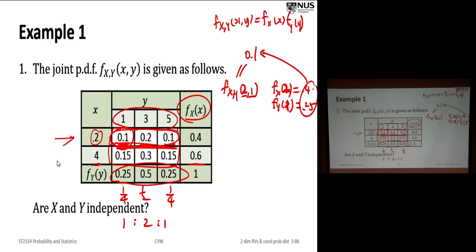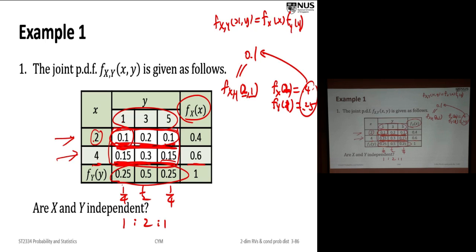Not only that, you look at when x equal to 4. The probability when y equal to 1, y equal to 3, and y equal to 5 is also in the ratio of 1 to 2 to 1. So it means that no matter what your x value is, the probability function of y equal 1 or 3 or 5 is of similar behavior, in the ratio of 1 to 2 to 1 in this case. So it behaves the same. So that's the idea of independence.